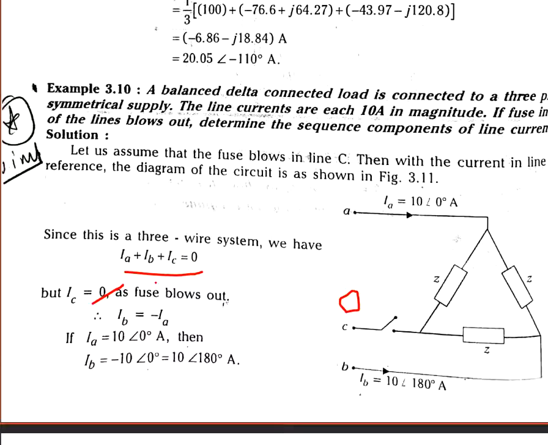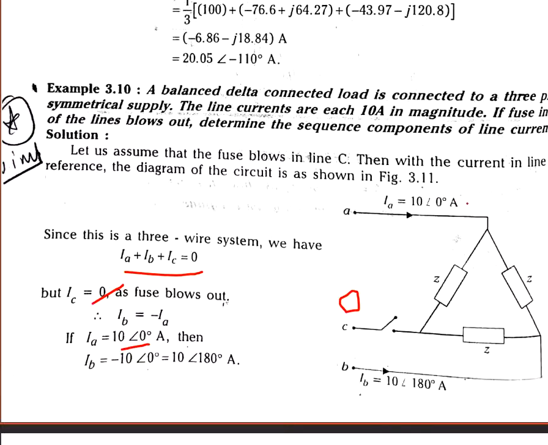Now IA equals what? IA equals minus IB, or IB equals minus IA, because IA had been given as the reference, 10 amperes at an angle 0.